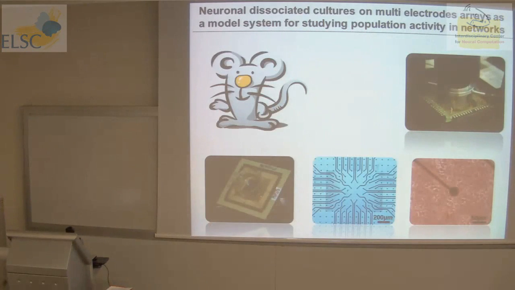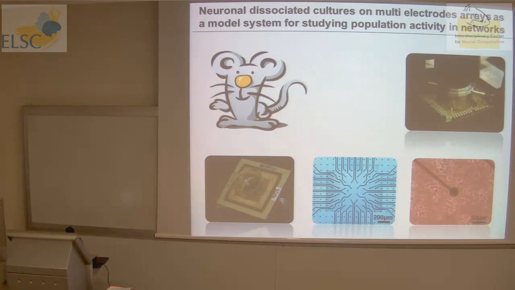Let me just start by describing our experimental setup. As was said, we work on cultures, and so we use multi-electrode arrays to record the activity. These are thin film integrated microelectrodes that allow us to record simultaneously the activity of many neurons for very long periods of time.